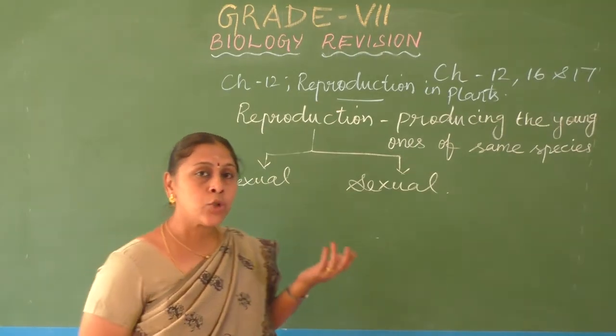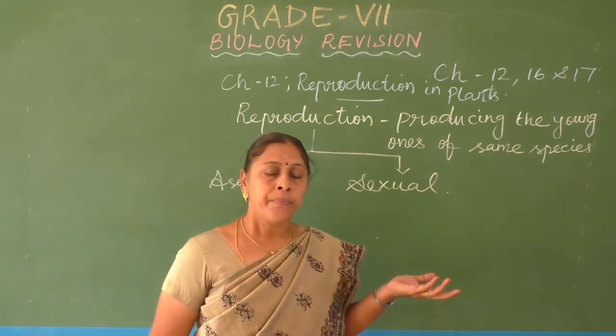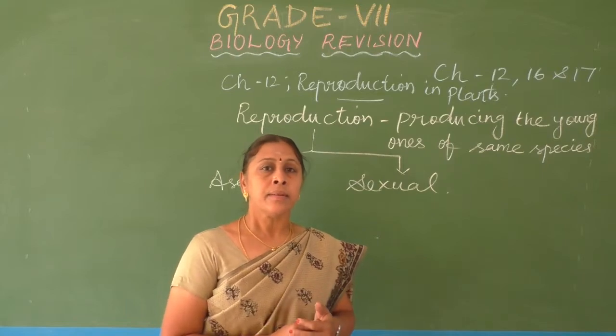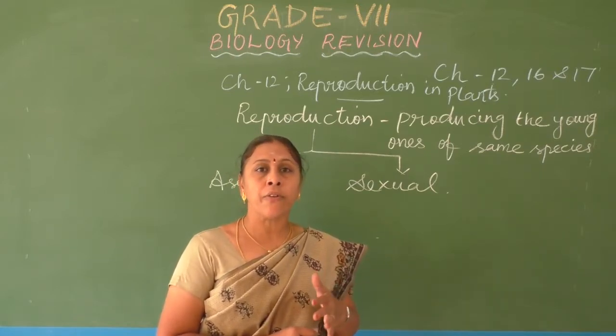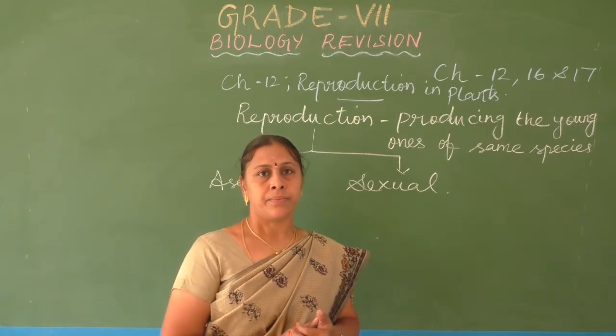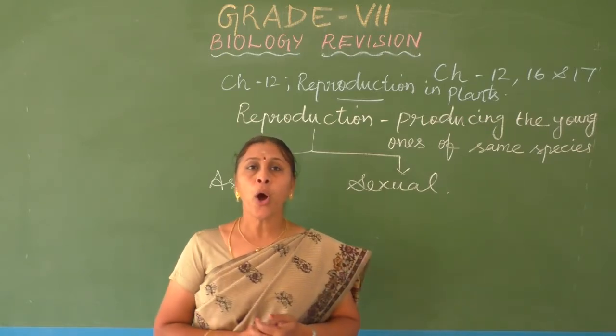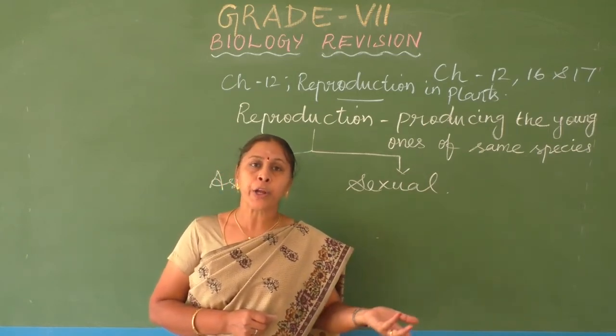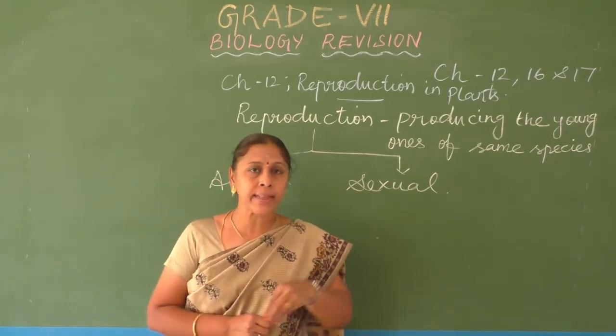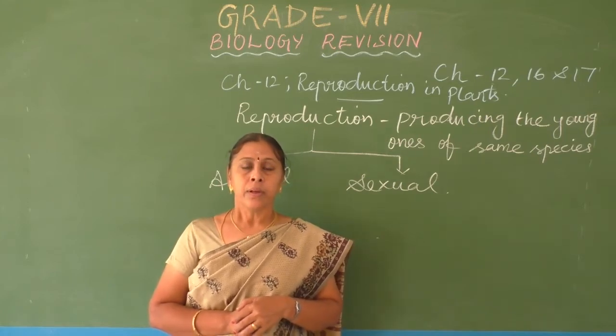What is the asexual mode of reproduction? That is without the formation of the seeds. So I think you all know how the plants reproduce. How we produce a new plant by sowing the seeds, is it not?